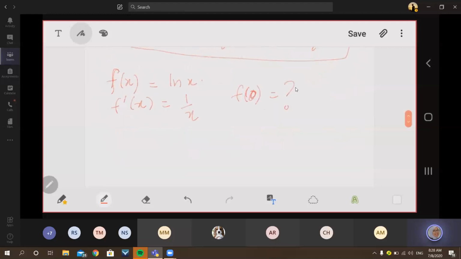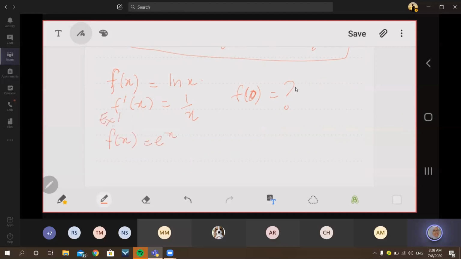Okay, so let's say for example, we want to find the series for f of x equals e to the x.